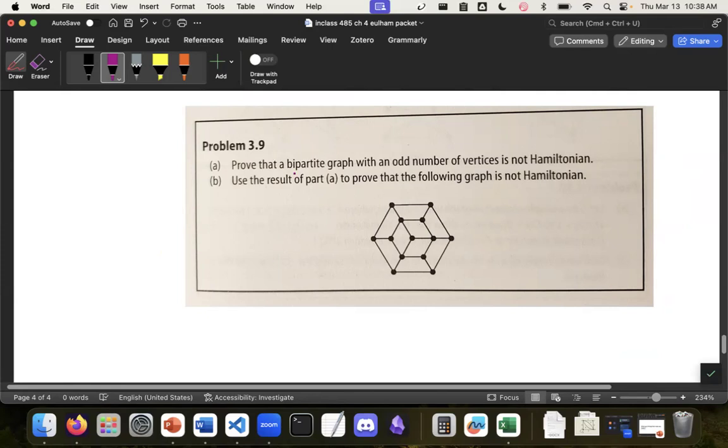I want to know if a bipartite graph with an odd number of vertices is not Hamiltonian, and then use that to show that the example here isn't either. Go for it.